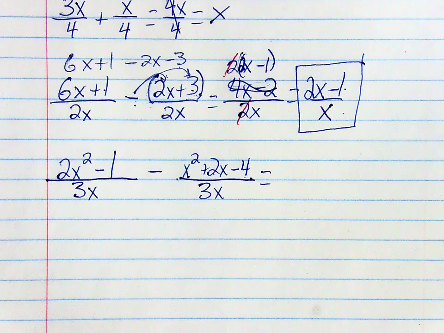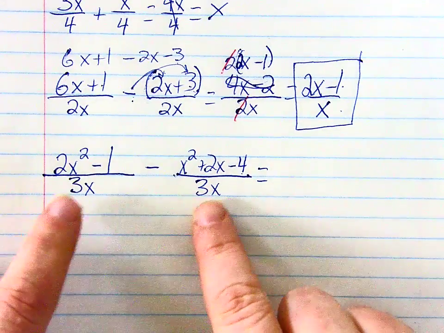So you can't simplify any of the numerators? Couldn't you factor the second part? You can, but it's actually not going to help you. Here's the other problem.